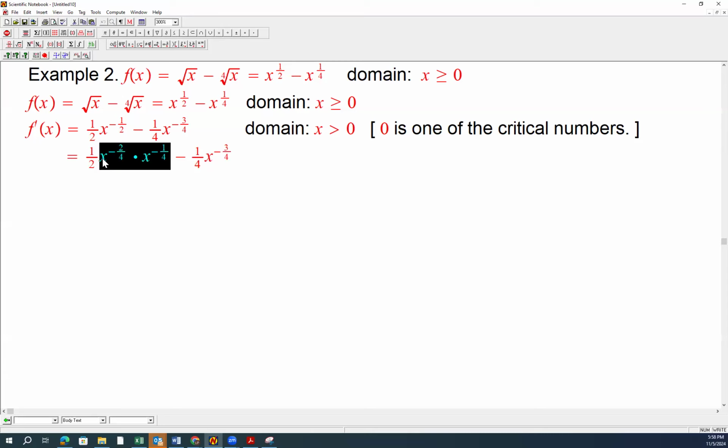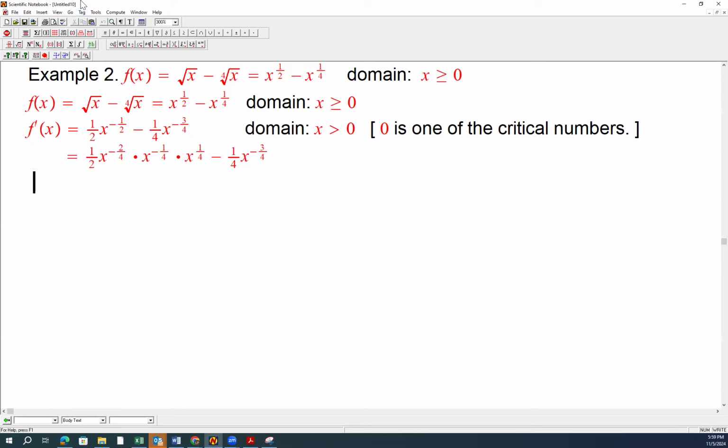This will make it x raised to the power of negative 3/2. But this will make our expression off balance. So we have to multiply x raised to the power of positive 1/4. So this is another way to do it, okay? I noticed some of you did it this way.